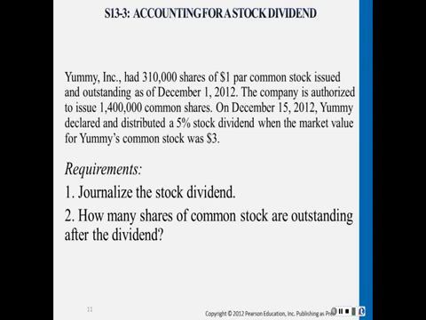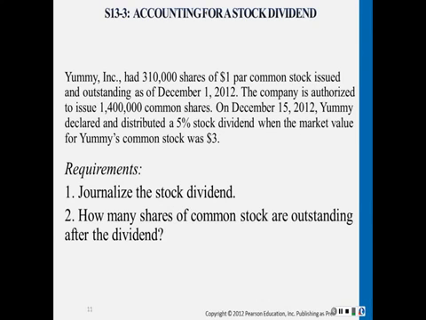Exercise 13-3 involves accounting for a stock dividend. Yummy Inc. has 310,000 shares of $1 par common stock issued and outstanding as of December 1st, 2012. The company is authorized to issue 1,400,000 common shares.